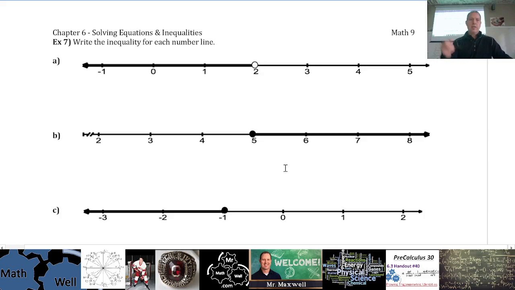All right, so let's take a look at example 7. Flip to the last page there. If you didn't get quite finished those ones, you can finish those off a little bit later.